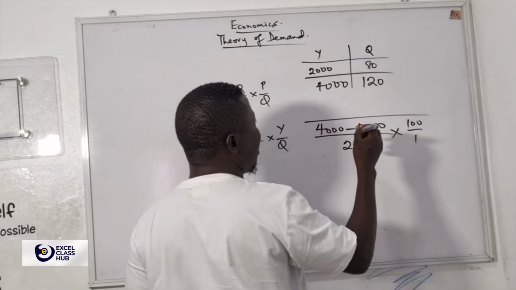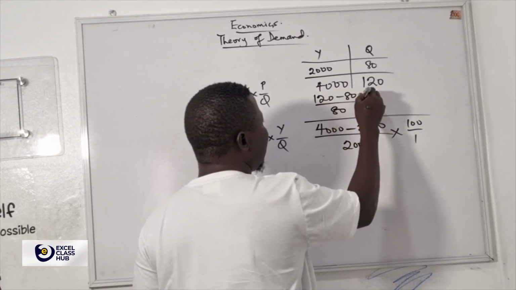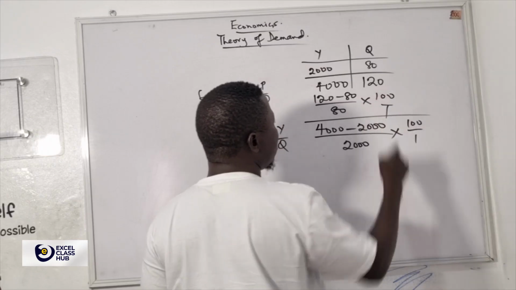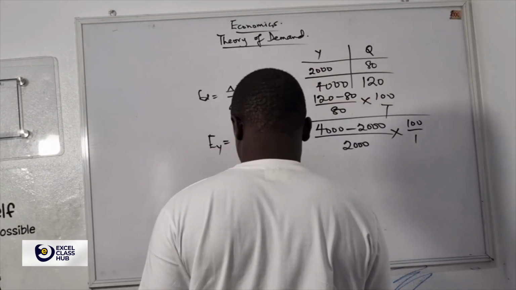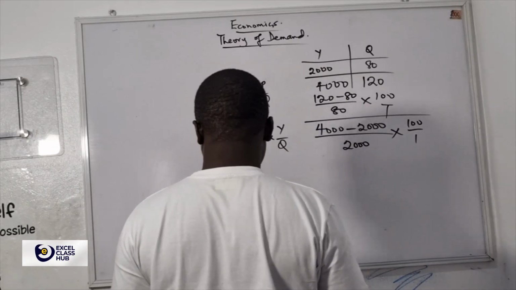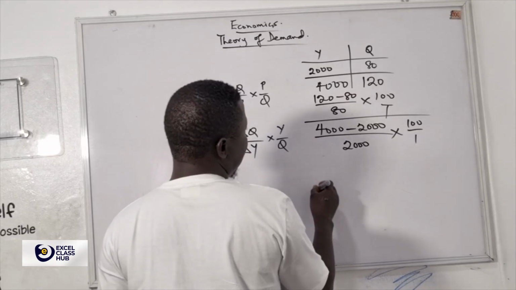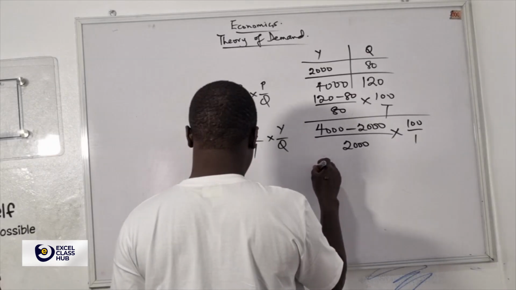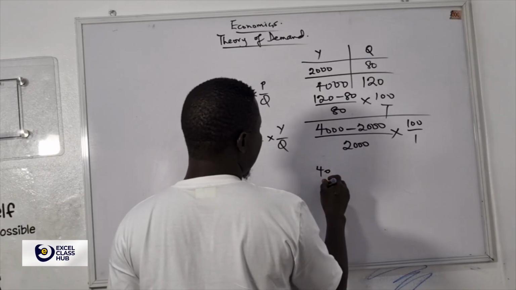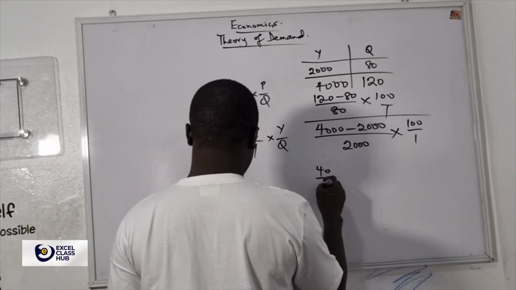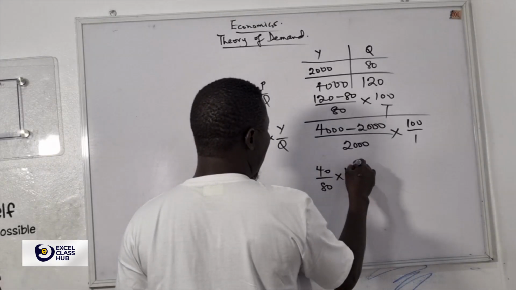What's the quantity, everybody? 120 minus 80, divided by 80, times 100 over 1. At this point, 120 minus 80 is what? That will be 40. Divided by 80 times 100 over 1.